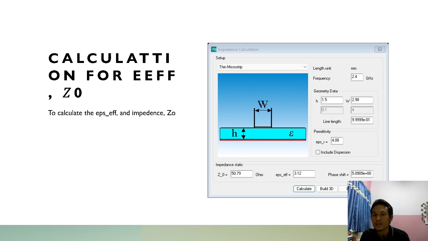The height is 1.5 and the width is 2.98. For permittivity, we are using epsilon r of 4.08. So the answer for the impedance is 50.79 and the effective epsilon is 3.12.